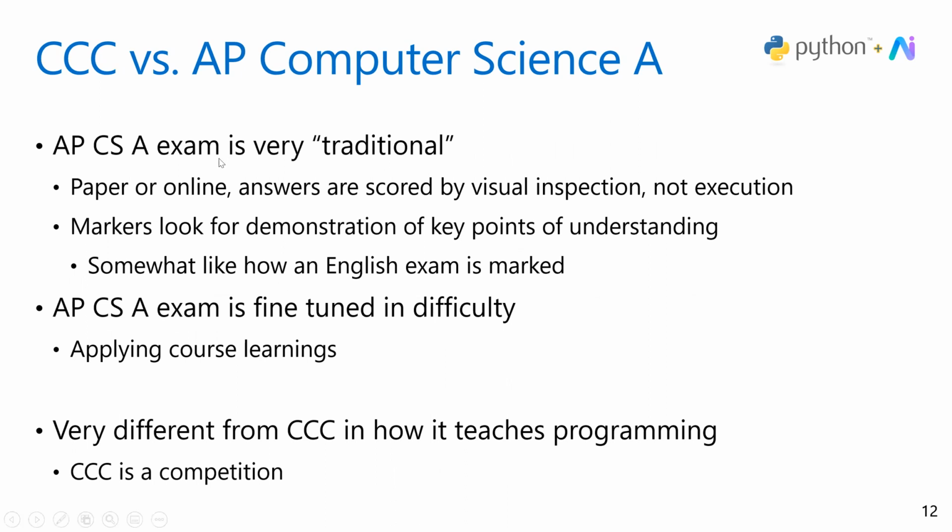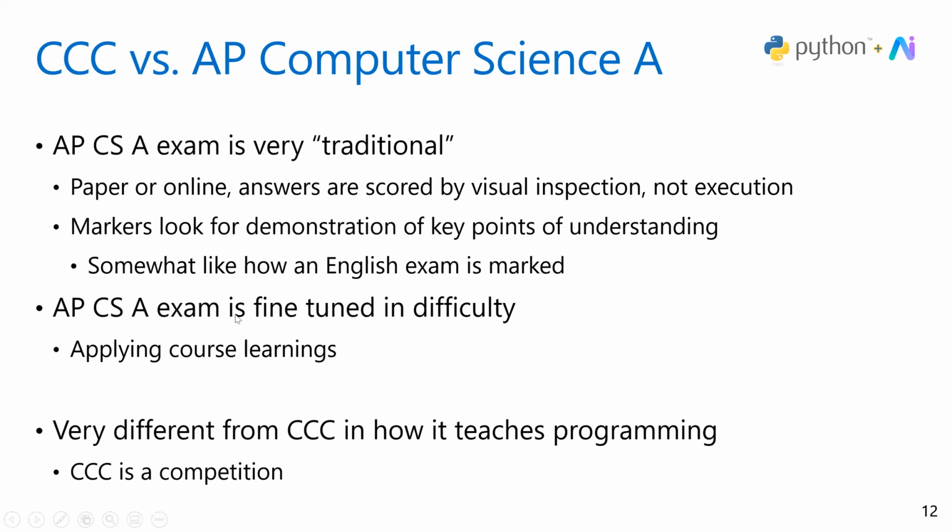The markers look for demonstration of key points of understanding in AP, much like how people would mark an English exam. And the AP exam is fine-tuned in difficulty. Before giving it out every year, they know that the mark distribution should fit a certain curve.